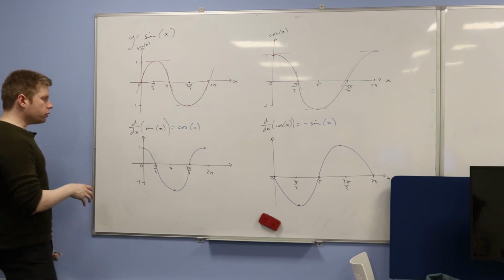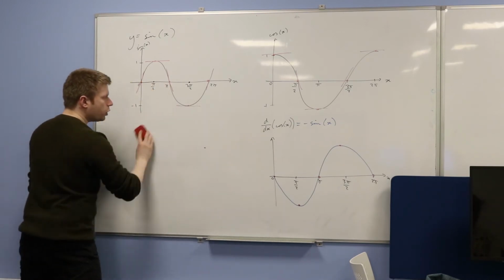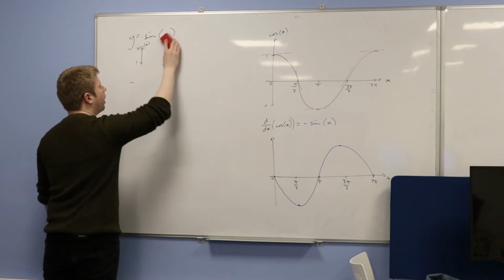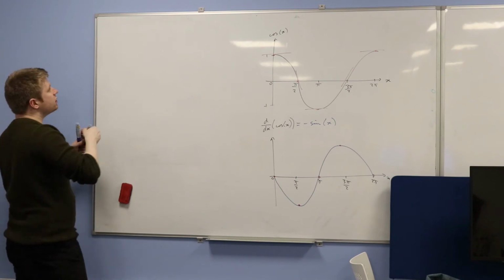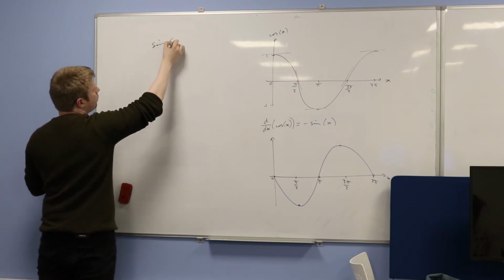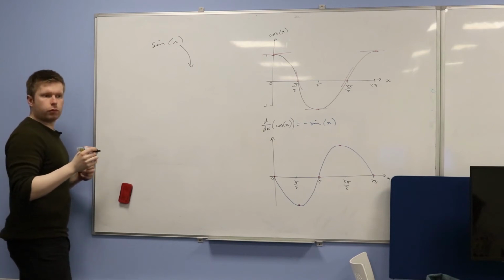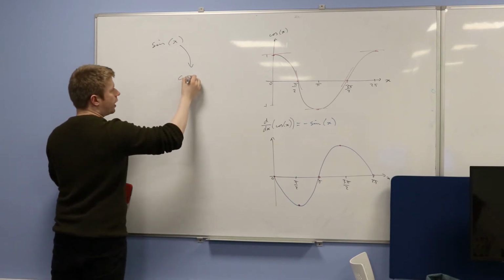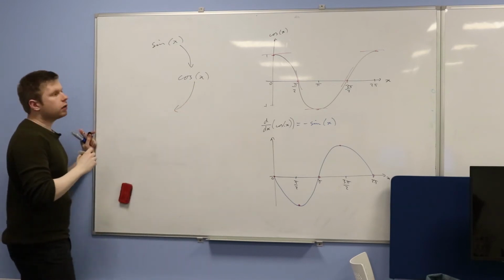But what you will notice, if I clear some space, is this pattern here. So if you start with sin x, if you differentiate that, what did we say we got? Yeah, the cosine of x. And if you differentiate cos x, what did we get?